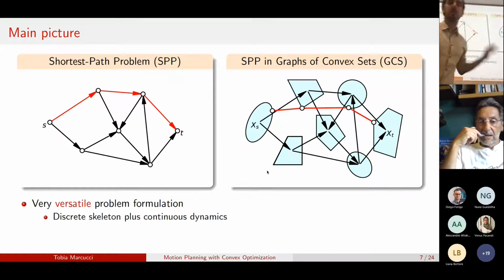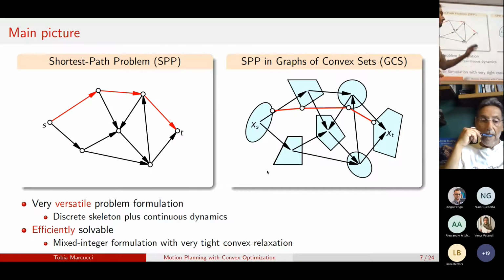I'll be more clear on the problem formulation in a second, but my goal today would be twofold. The first would be to convince you that this is a very versatile problem statement, in the sense that many interesting problems, from control of hybrid systems to motion planning, can be seen to be special cases of a problem of this form. And the second goal would be that this problem is efficiently solvable.